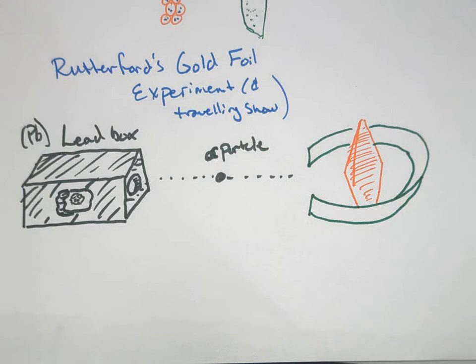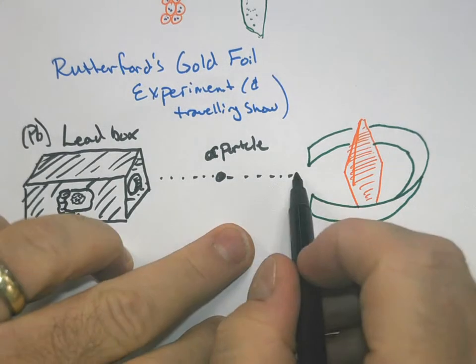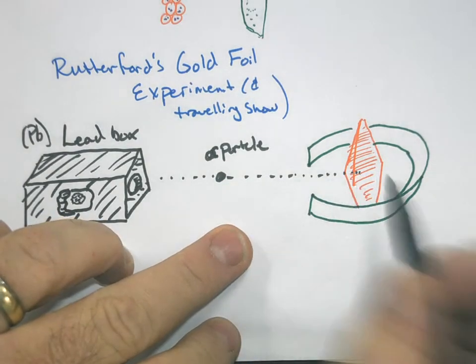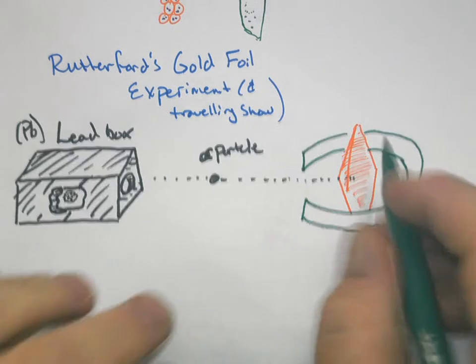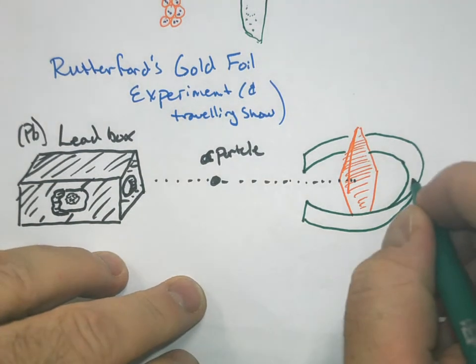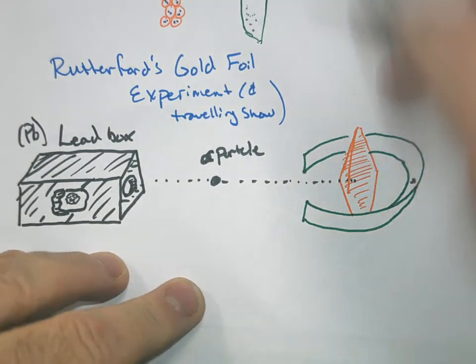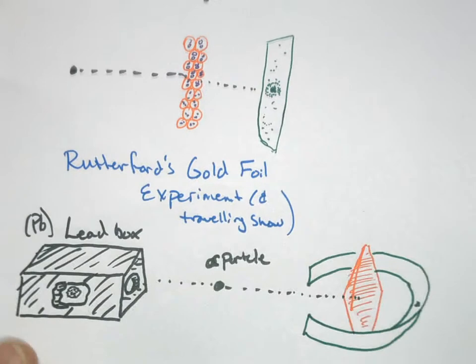So the alpha particle shoots in, and what mostly happened was that it would pass through the gold foil and make our dot, because that was similar to what was going on over here.